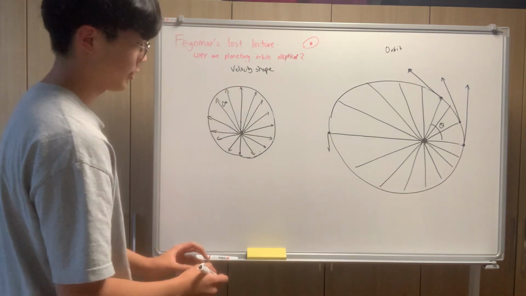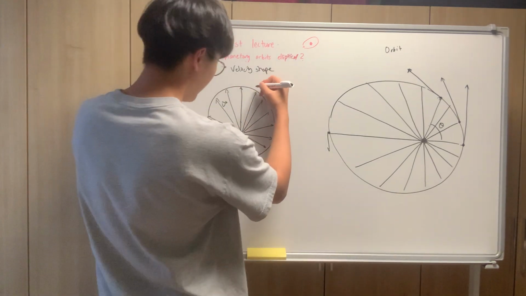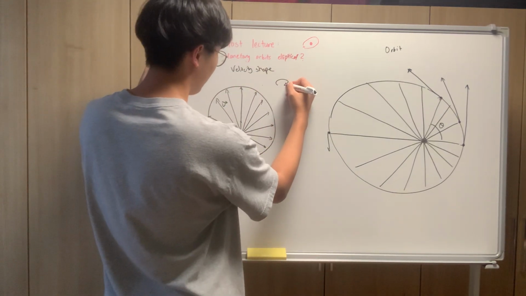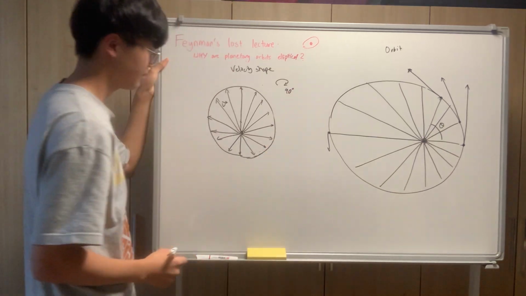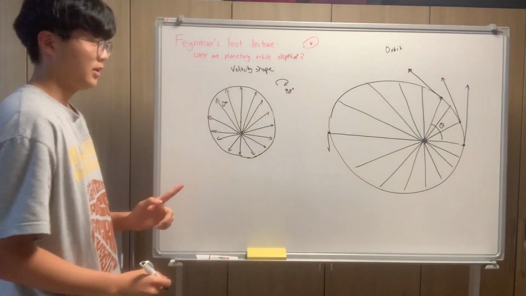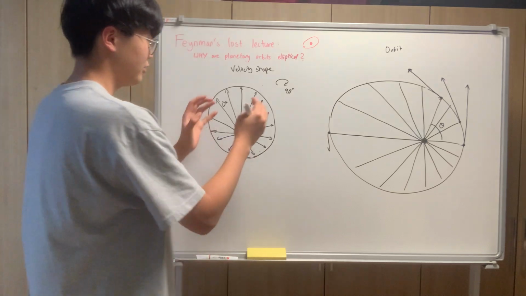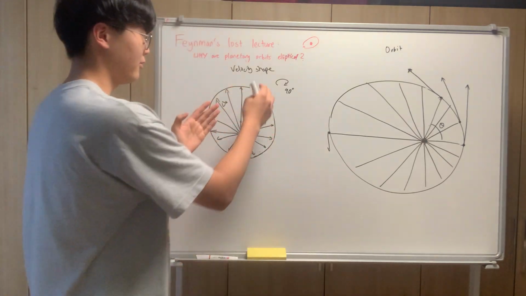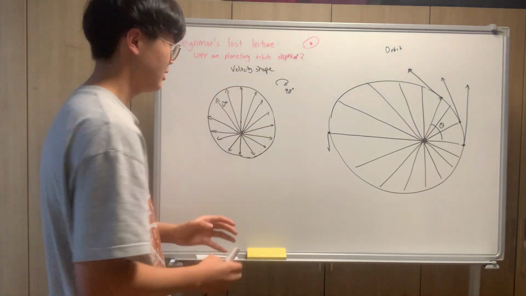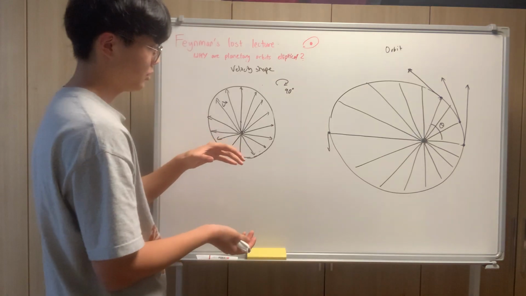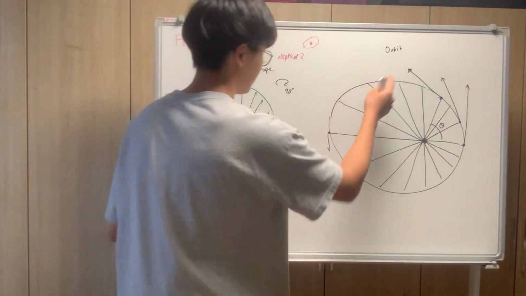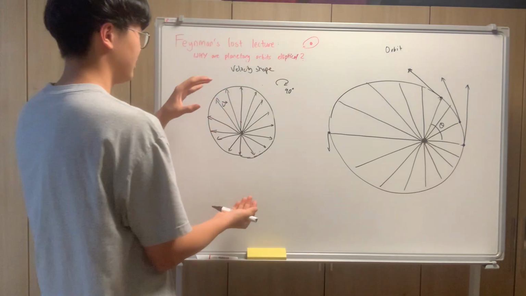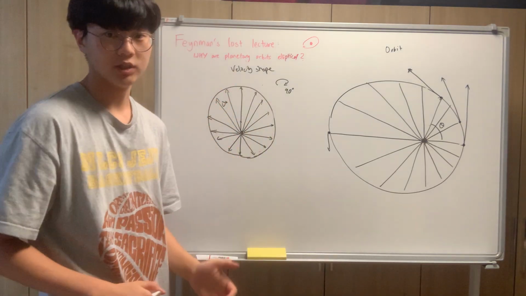First of all, I'm going to rotate this clockwise 90 degrees. And because I have rotated 90 degrees, to make it equal to this vector again, I have to rotate it anti-clockwise 90 degrees.